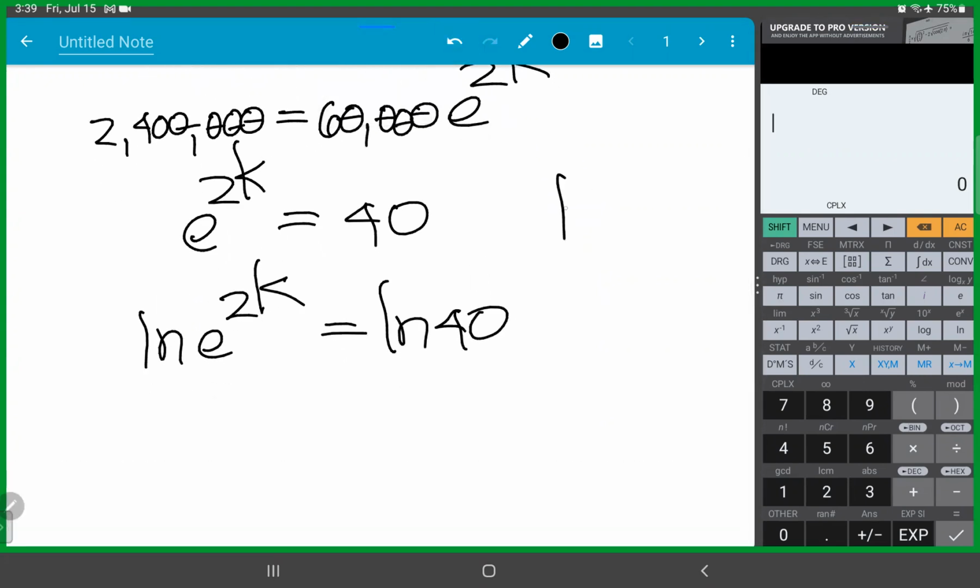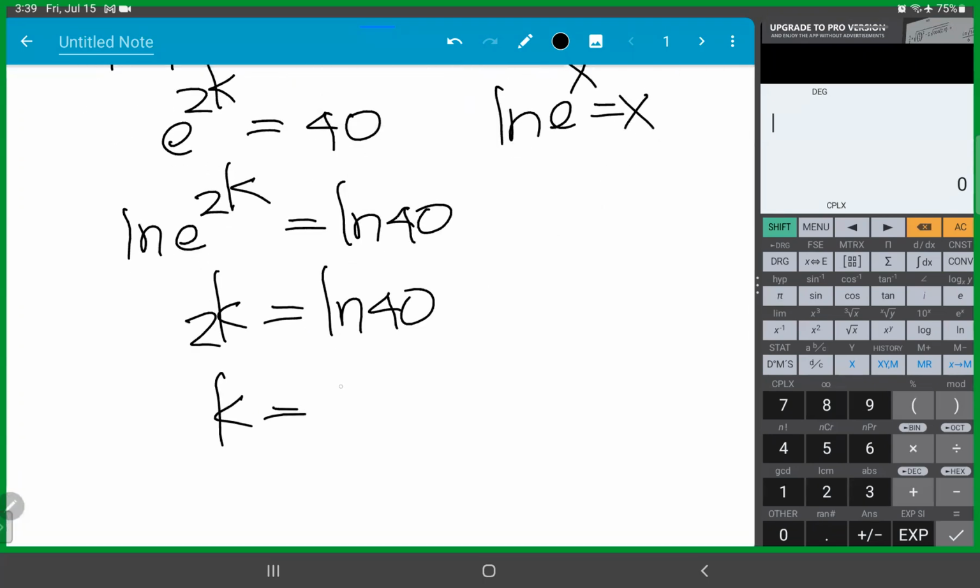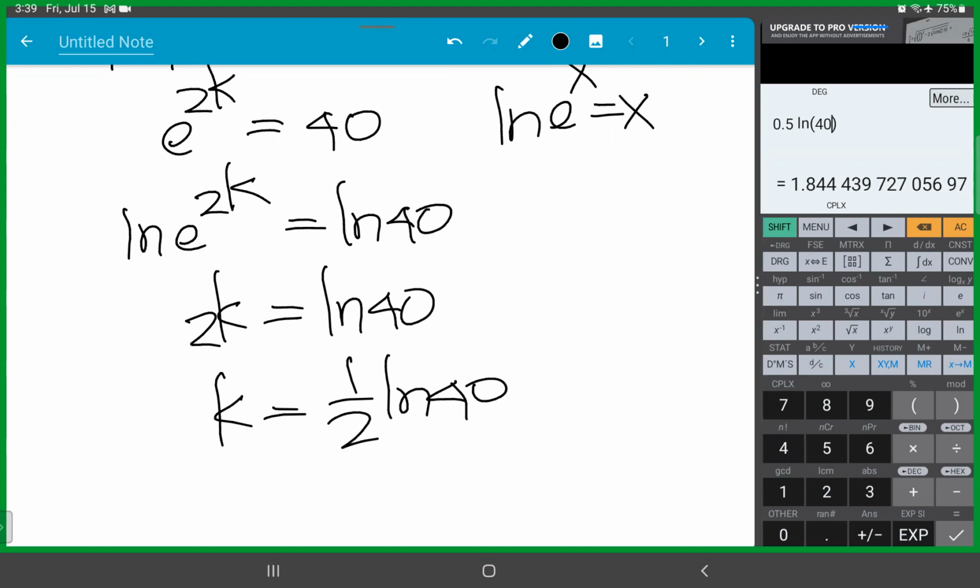Ln e to the x equals x. So 2k equals ln 40, k equals 1/2 ln 40, and we are to use 5 digits. So we round that off, and we have 1.84444.